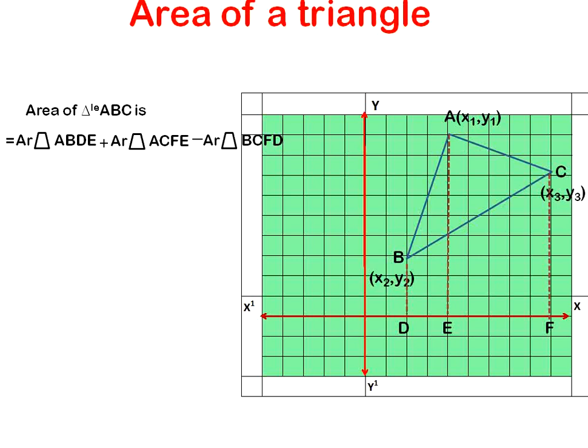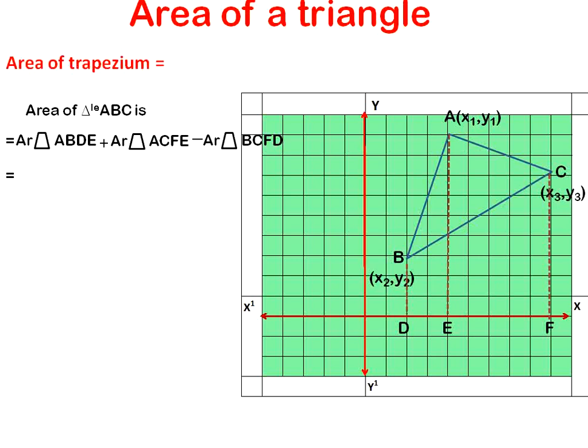If you add the two trapezia ABDE and ACFE and subtract the area of trapezium BCFD, then we get the area of the triangle.